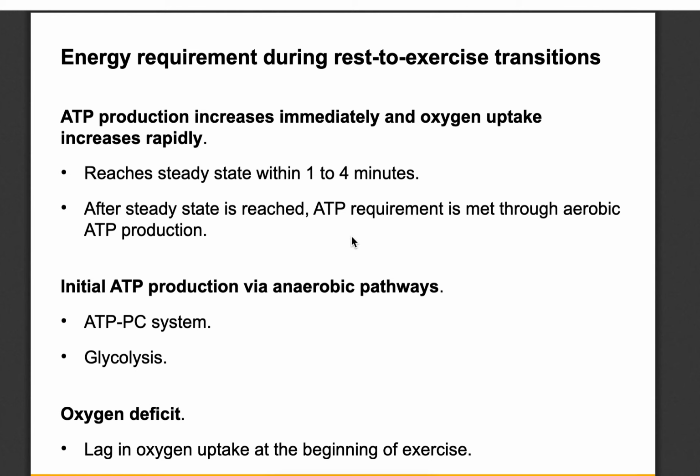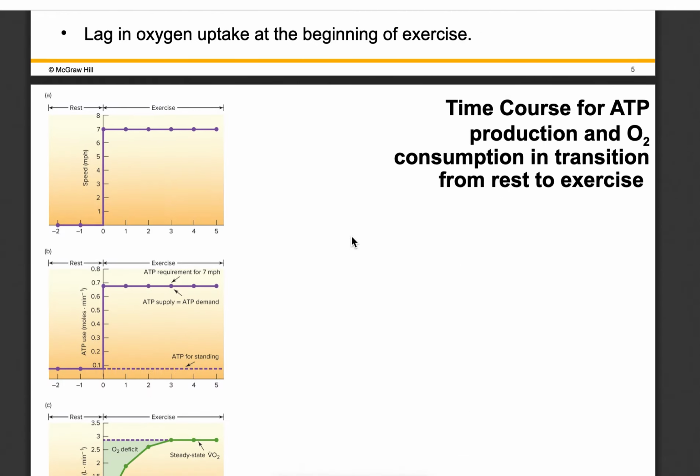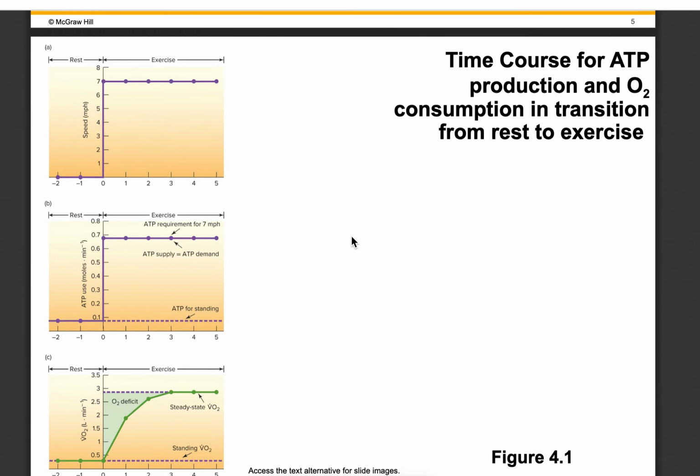If you sprinted as fast as you could for, let's say, 15 seconds, and then stopped, right as you stop you might not be breathing very hard, but then all of a sudden you start breathing really heavily. That's the oxygen deficit. If you were to keep running, you would again notice not having to breathe very much at first, and then as you continue, that breathing increases more and more, and you notice it where you didn't at the very beginning. This is indicated by this graph here.